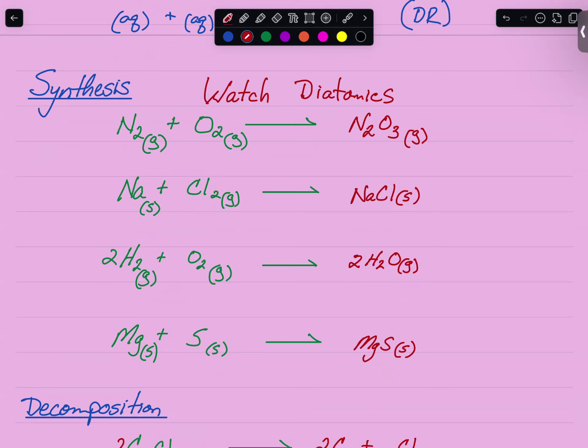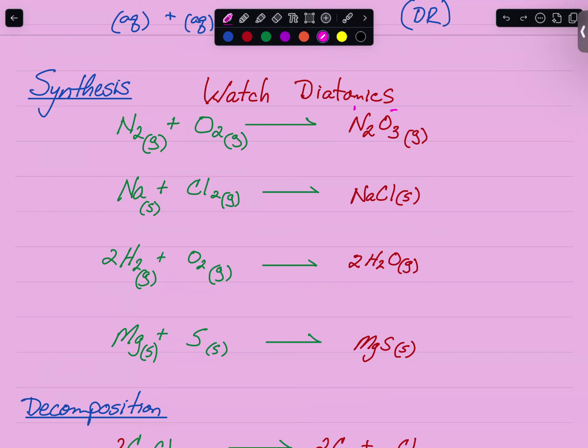Now this last one, so if I take N2, O2, I combine those together. At this point, we've got to watch the charges. So I've got a charge up here of, in this case, -2. And nitrogen we're going with is going to have a charge of 3.